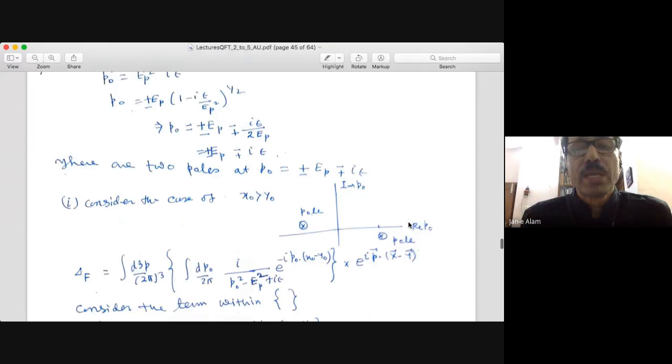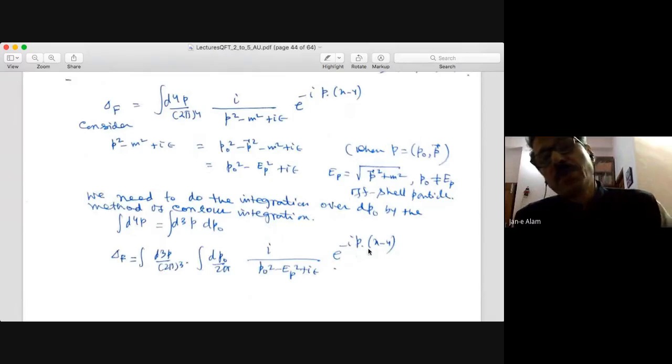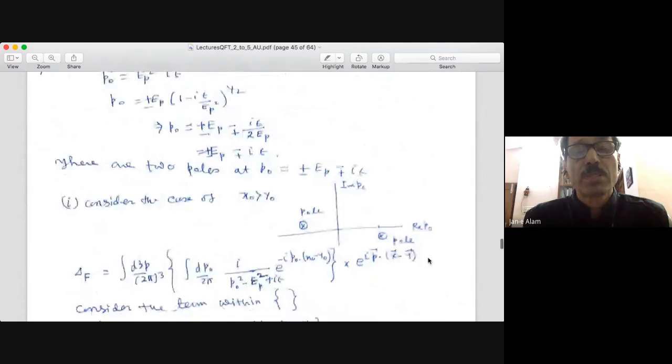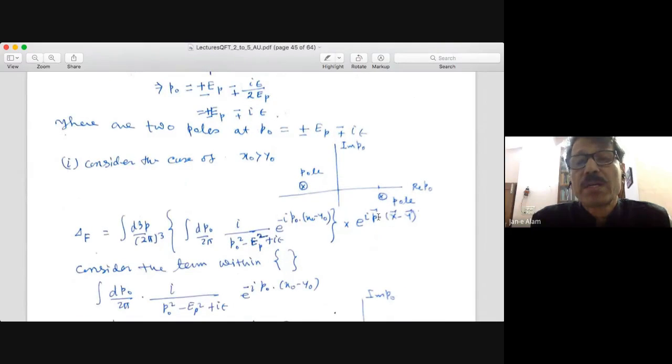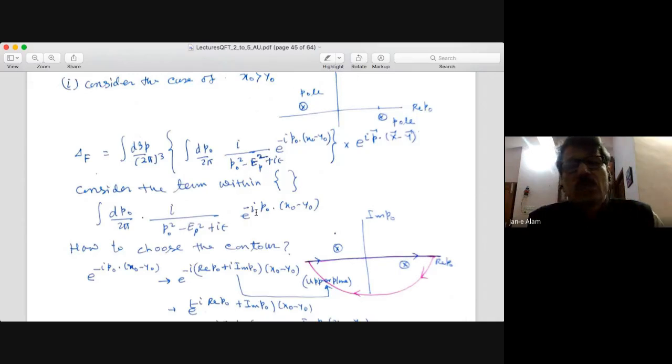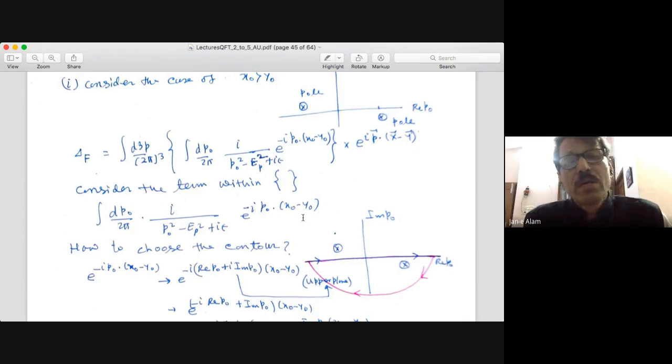Because what appears here, e to the i p dot x minus y, is a four-vector product, you have p0 times x0 minus y0 minus, and this minus makes it plus, p vector dot x minus y three-vector. That is the integration. So let us consider only this term within the curly bracket. That is what I want to do. Now how do I choose the contour? That is one issue I have to keep in mind.